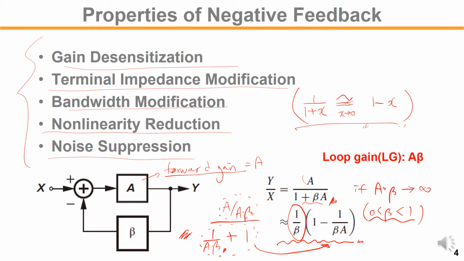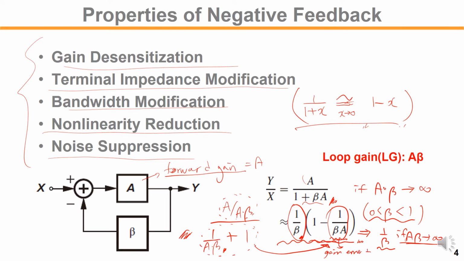As you can see, if the A beta loop gain is large, the overall gain approaches 1 over beta, with a small error determined by 1 over A beta, right? If our desired gain is 1 over beta, then the term on the right, 1 over A beta, is the gain error term.